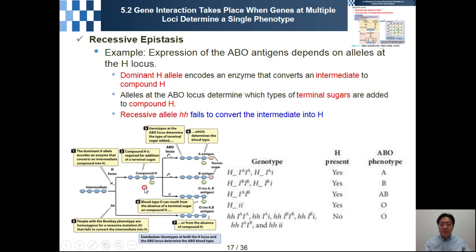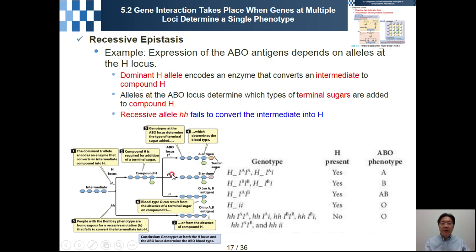So this becomes compound H. After that, alleles at the ABO locus determine which type of terminal sugar is added to compound H. For example, if the gene is IA, it means that their terminal sugar will have the A antigen.